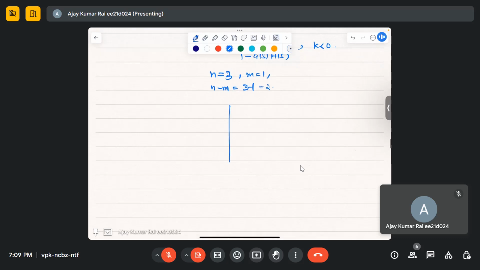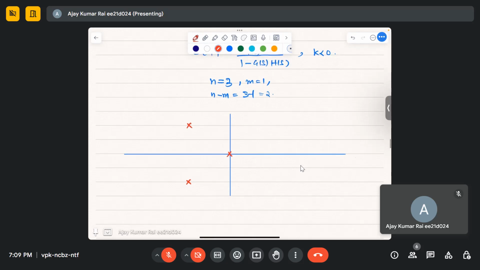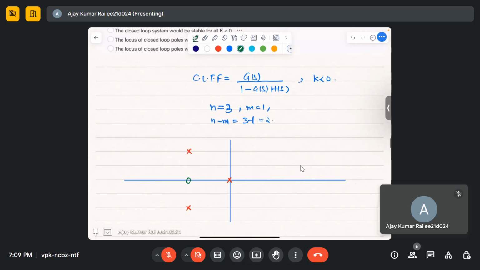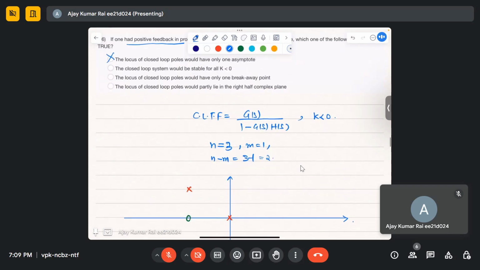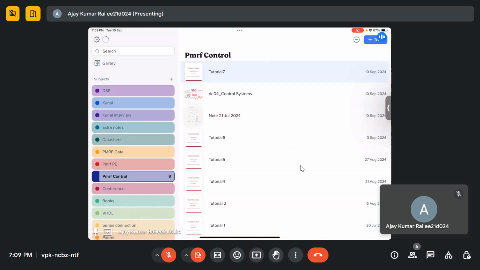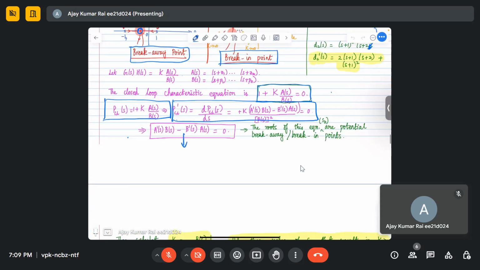Let us draw the root locus and see. This will be approximate. So let's see which case this is.